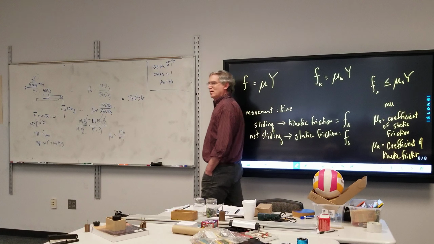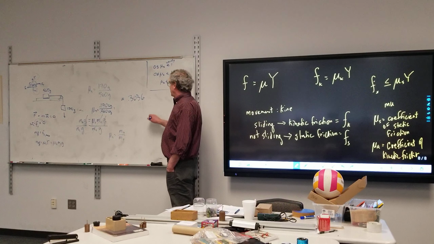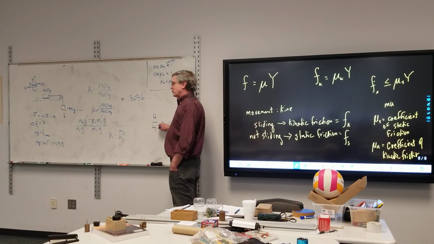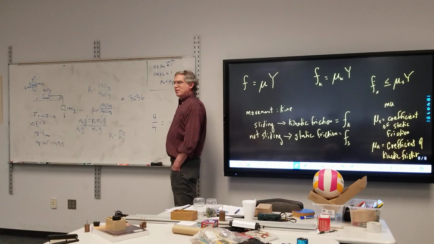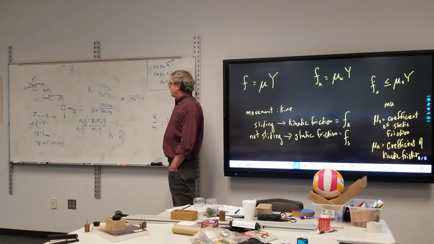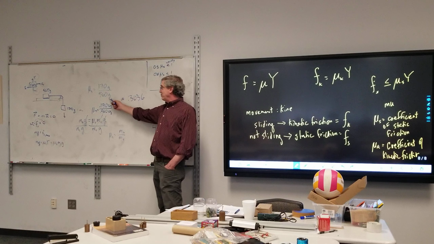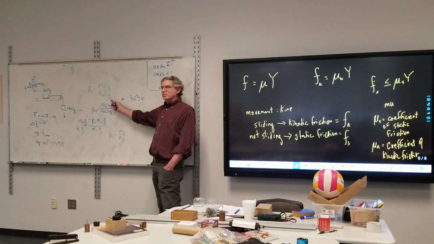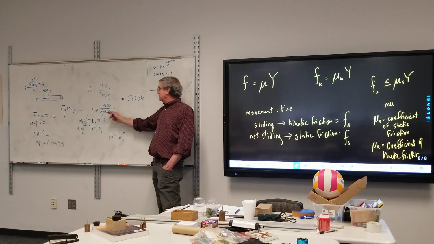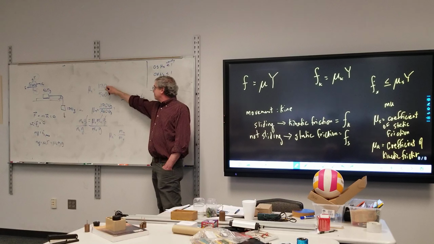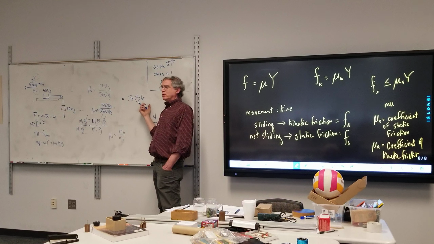If I did 4 divided by 4, is the answer 4? Because that's what it was beforehand. Over here, I have grams on top and bottom. They cancel. If I had kilograms on top and bottom, they would cancel. There are no units. It's just a number.